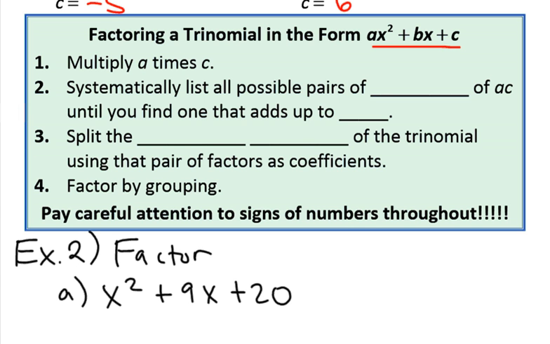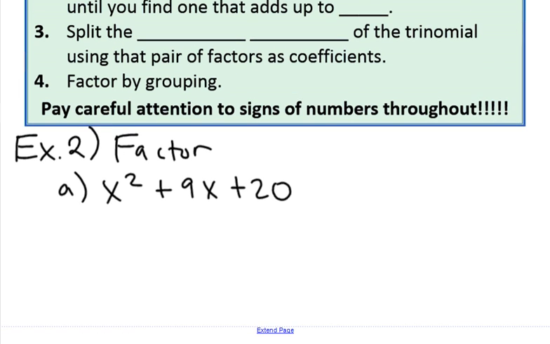Before you even get started, a preliminary step is to identify a, b, and c after it's in standard form. For this first example, we are already in standard form, so we want to go ahead and identify a, b, and c.